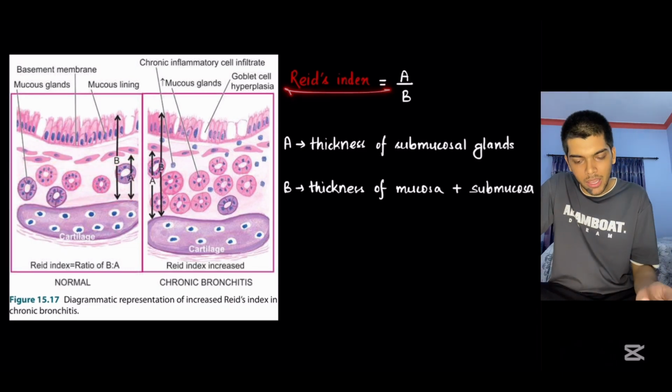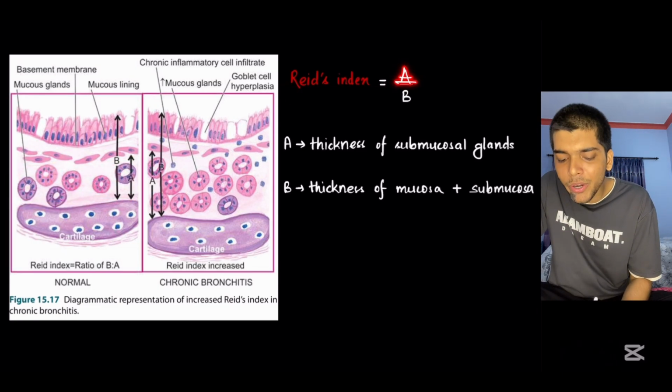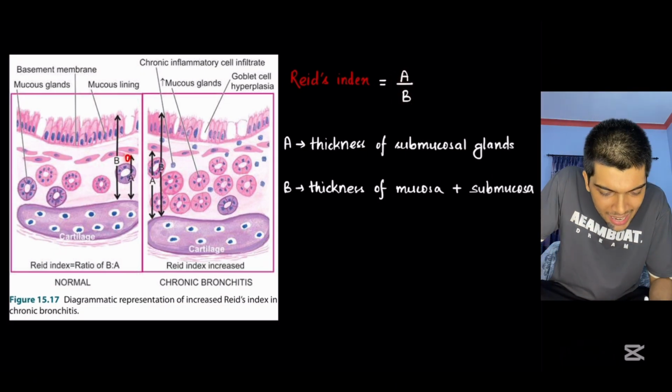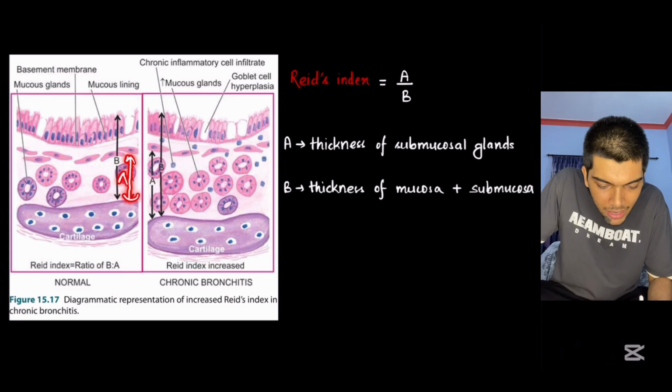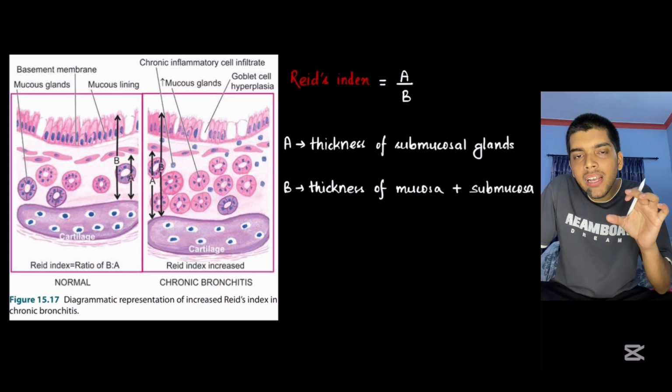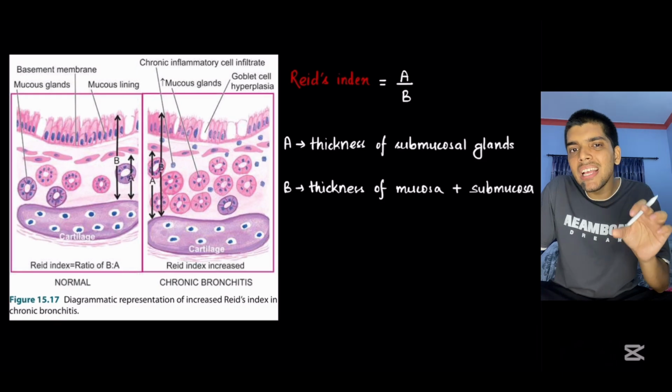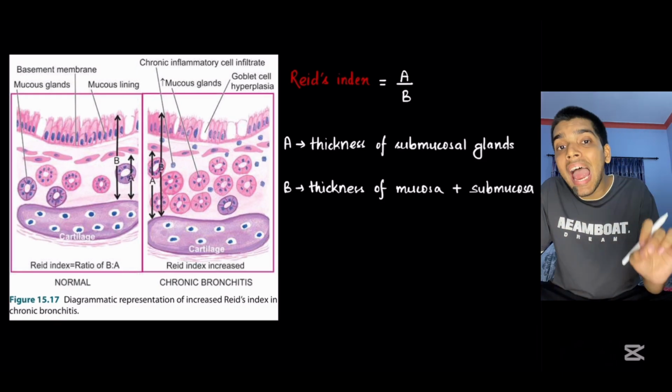Reid's index is nothing but A upon B. Now what you need to know, what is A and what is B. So A, as you can see right here, is the thickness of the submucosal glands.